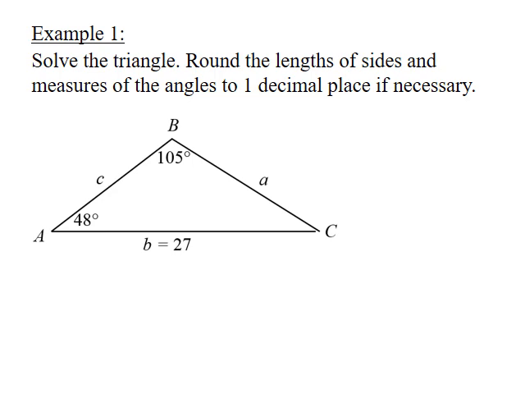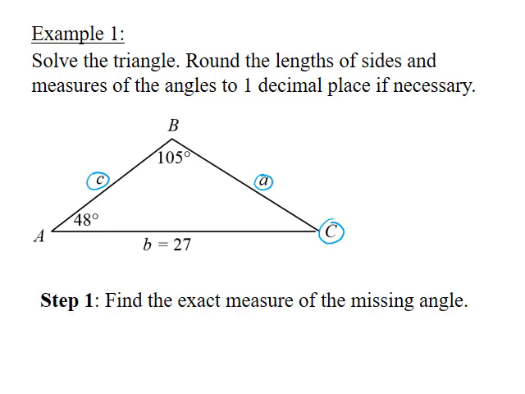Okay, so remember that if we want to solve a triangle, we need to find the missing pieces. So in this example, we need to find side A, angle C, and side C. So the first step that I would recommend would be to find the missing angle.